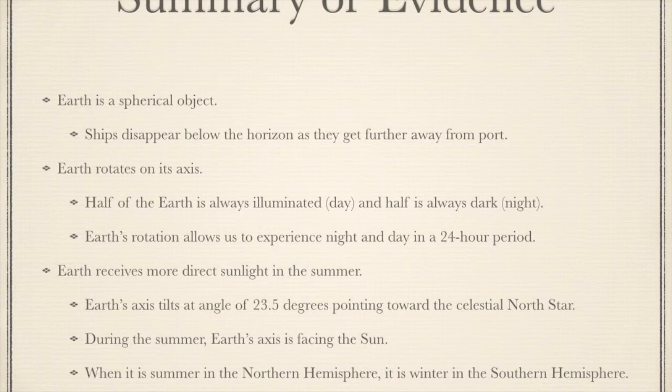So its rotation on its axis is allowing us to experience both night and day. Earth's axis tilts at an angle of 23.5 degrees pointing toward the celestial North Star. During the summer, Earth's axis is facing the sun. When it is summer in the northern hemisphere, it is winter in the southern hemisphere.